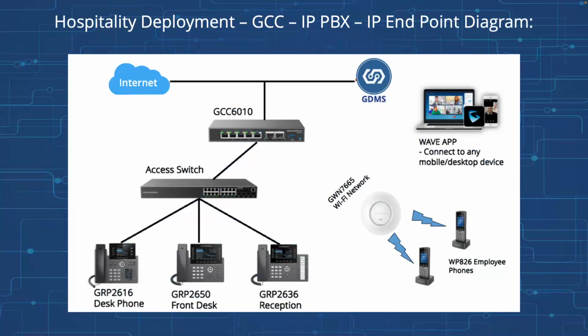And then, like I mentioned, for the employees who are on the move, like your housekeeping, they can utilize the WP826 or any of our other Wi-Fi related phones to connect to the Wi-Fi network that we already created, and they would have access that way. And for any remote employees or anyone on the move, they can also download the Wave app on a mobile device or a desktop device to gain access to the IPPBX functionality as well.